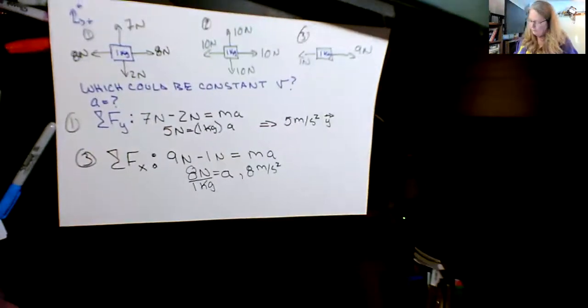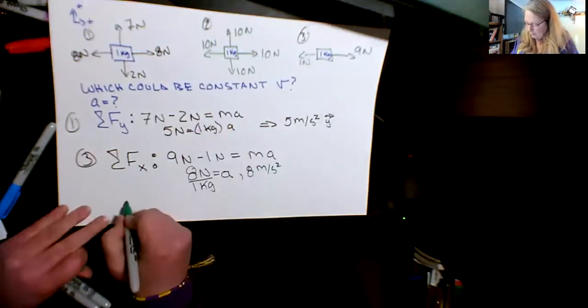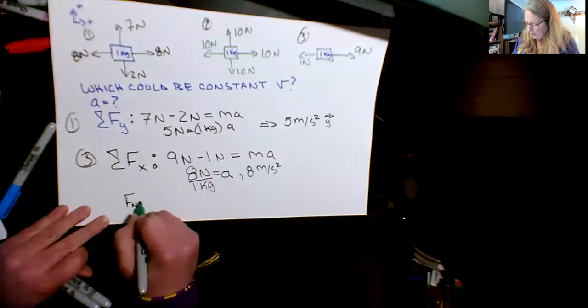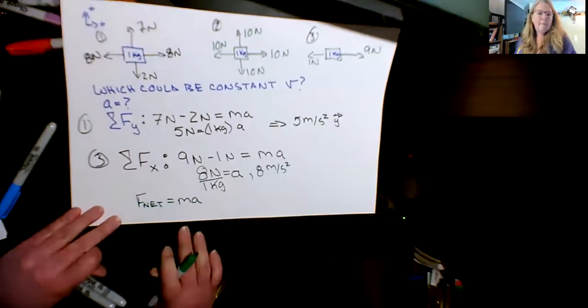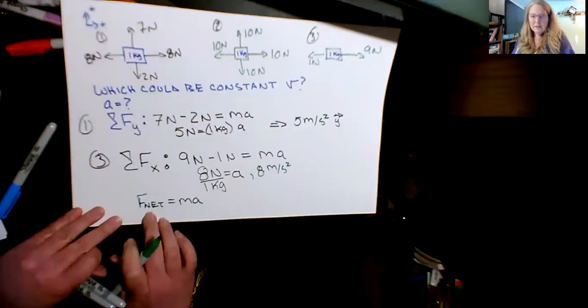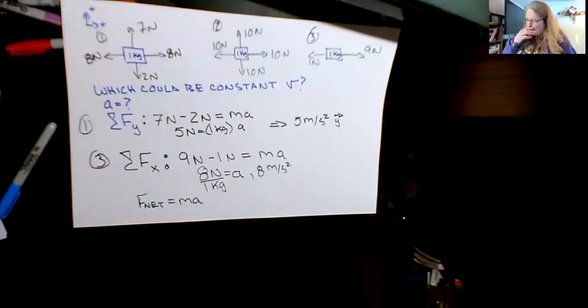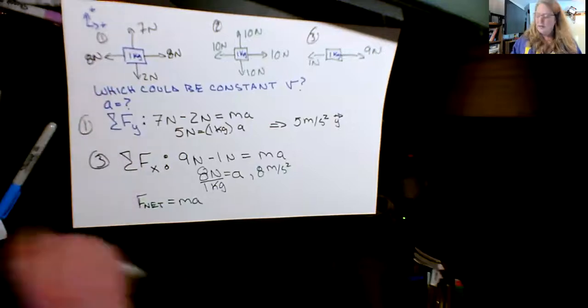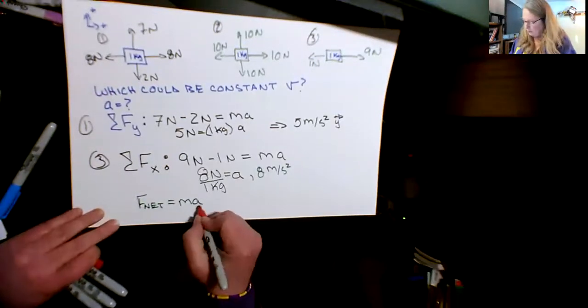It seems like this is a good time to take a look at what the units of newtons are. What I always tell people is that force net equals ma. And we know that this is a Newton. That's just what we've called it. There's nothing secret about that. We got tired of writing this kilograms times meters per second squared.